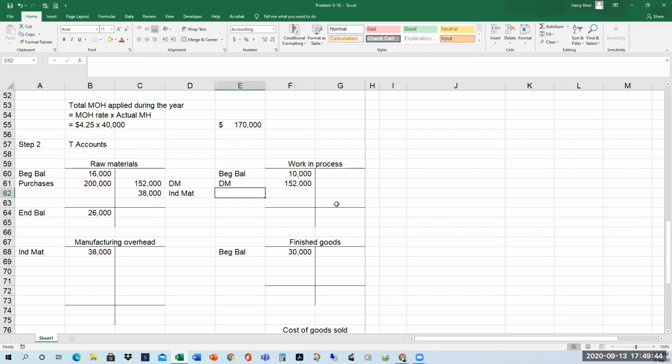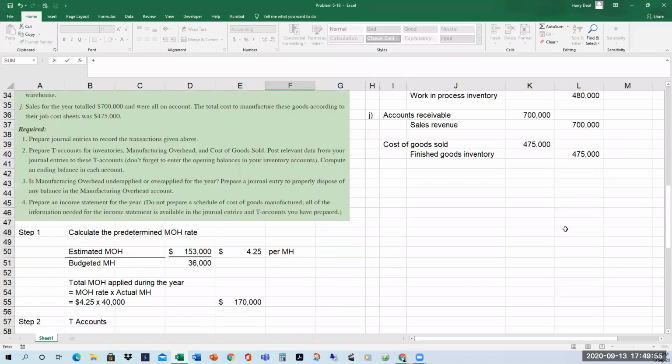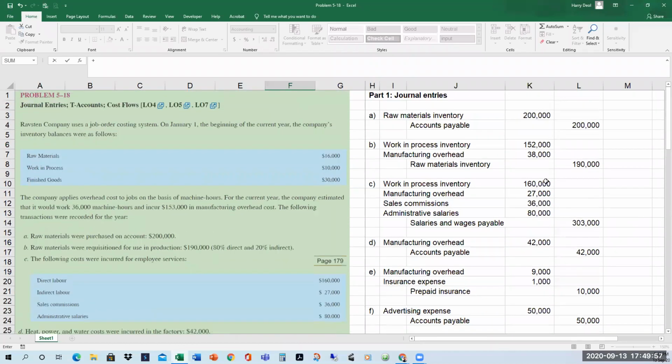For work in process, it'll always have three components added to it: direct materials, direct labor, and the applied manufacturing overhead. So direct material cost was $160,000.